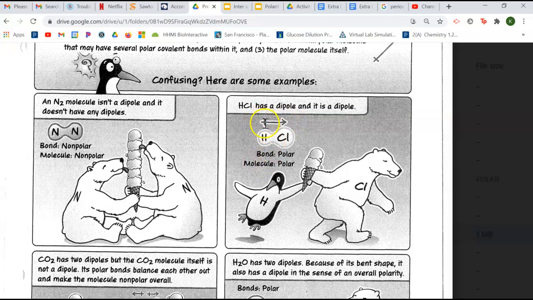We start with a positive symbol at the end. If you look just above the HCl, you'll see this vector. The positive symbol shows where your positive region is, and the arrow shows which direction the electrons are being pulled. In this case, the electrons are being pulled to the chlorine, and that's why you have the arrow pointing to the chlorine. So this is an example of two atoms where you can see its polarity.